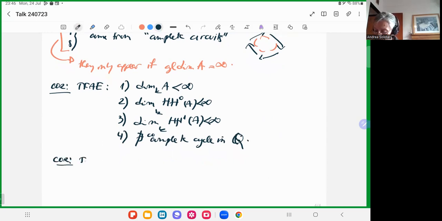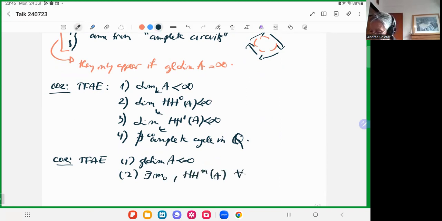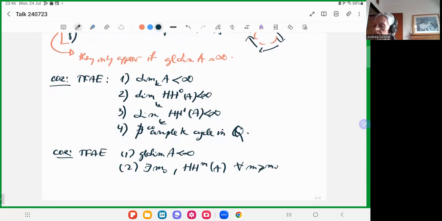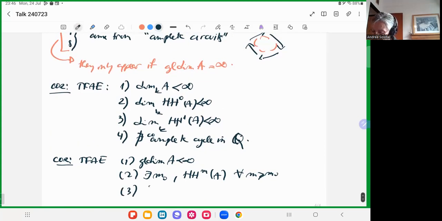And we have something similar for the global dimension of the algebra. That is that the global dimension is finite. Second condition is that the cohomology stops somewhere. And the third condition is that there is no complete cycle in Qi, in the presentation Qi, okay?